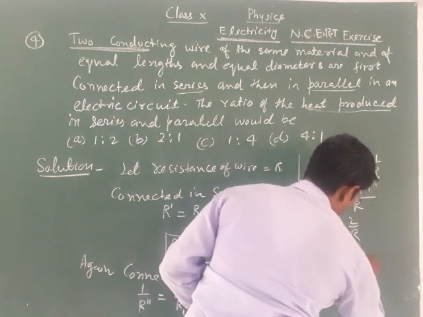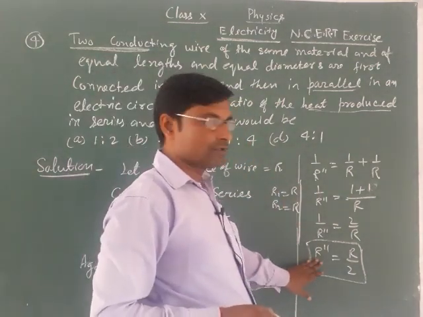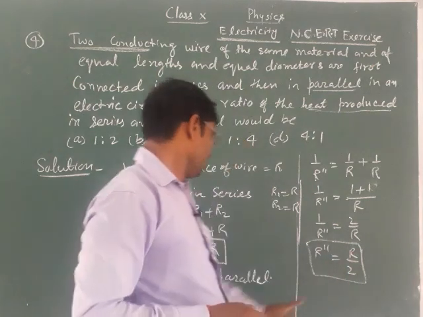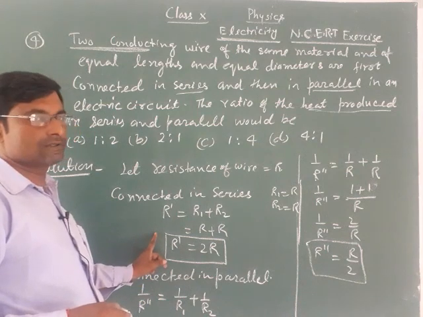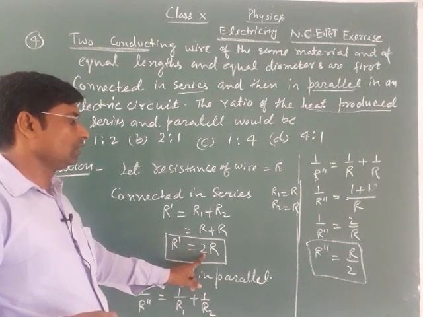So if two resistances are connected in parallel, the equivalent resistance R double dash is R by 2, and connected in series, the equivalent resistance R dash is equal to 2R.